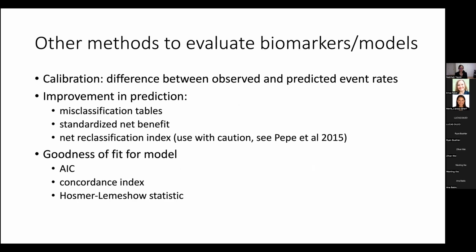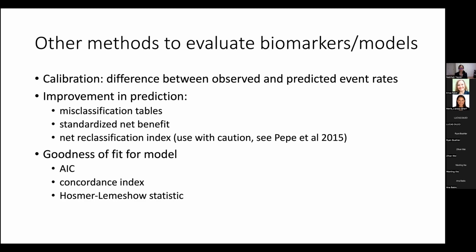Some other things as a heads up that I wanted to make sure everyone is paying attention to. Let's say you're doing prediction, you want to look at the calibration of your score, so the difference between the observed rate and predicted rates. Let's say you have a biomarker and it's predicting something.